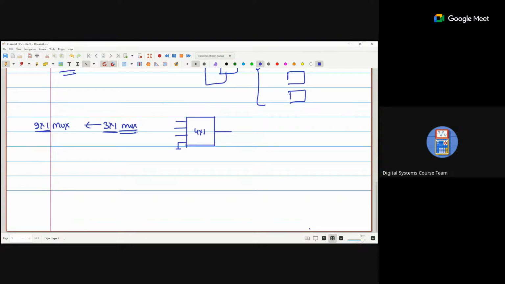So we have one 3 cross 1 mux, and another 4 cross 1 mux creates one output line. We have again a 4 cross 1 mux, connect this line.